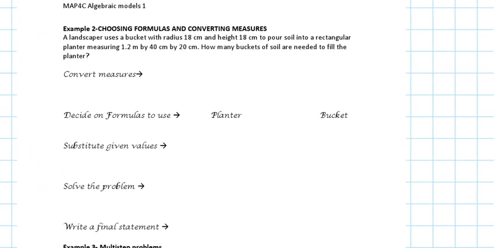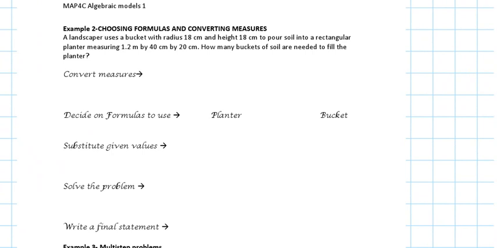A landscaper uses a bucket with radius 18 centimeters and a height of 18 centimeters to pour soil into a rectangular planter measuring 1.2 meters by 40 centimeters by 20 centimeters. How many buckets of soil are needed to fill the planter?